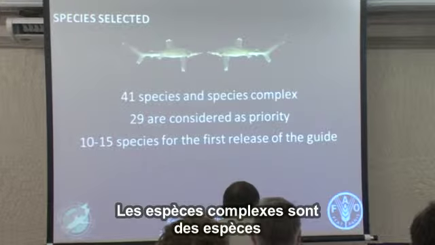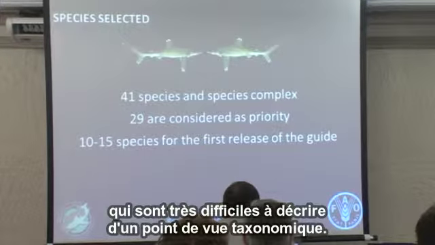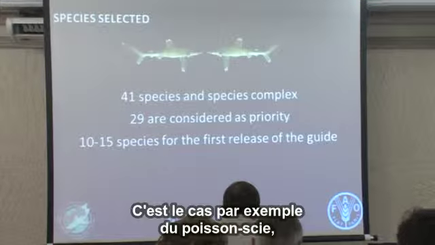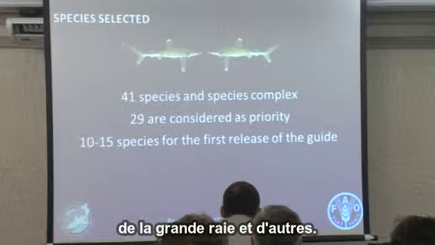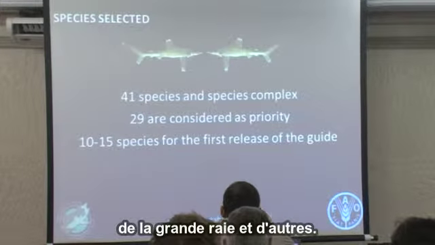Species complex are species that are very difficult taxonomically at this point, like Pristidae, for example, or Rhynchobatos, or some others that are complex species.